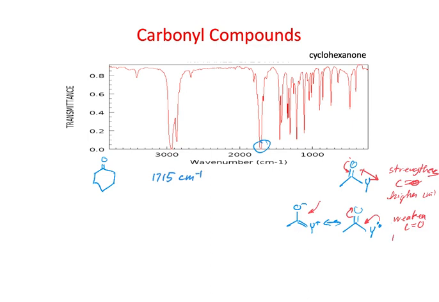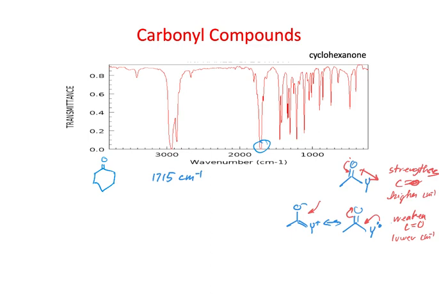So this would shift to a lower frequency or wave numbers. Different groups can do different things, and some of these oxygen and nitrogen groups do both. They're more electronegative, so they pull electron density, but they also have non-bonding electrons, and so they can donate it. So it's this balance between inductive effect and resonance.